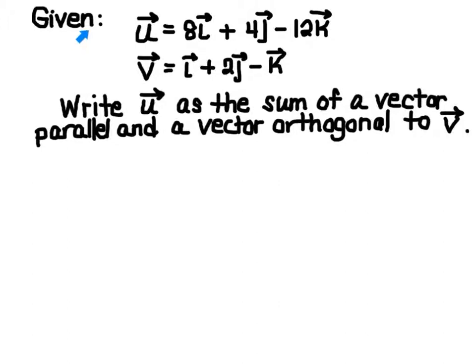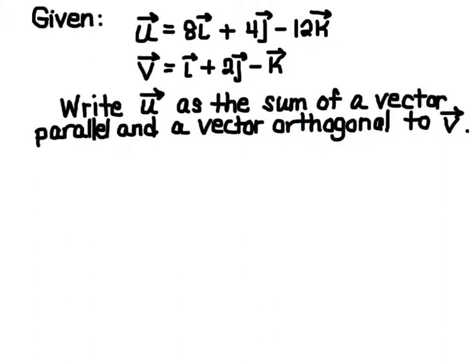Okay, we're given two vectors, u and v, and what we're going to do here is write u as the sum of a vector that is parallel and a vector that is orthogonal to v. Orthogonal does mean perpendicular.